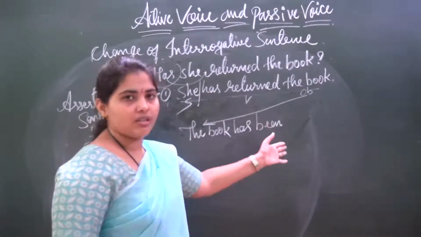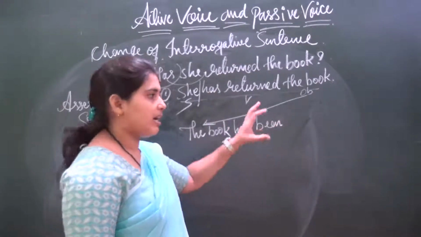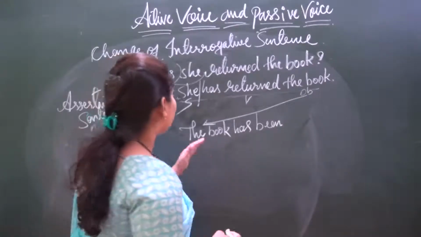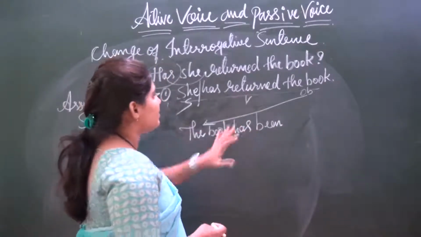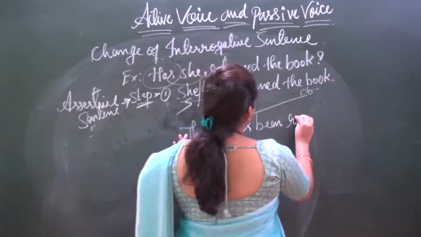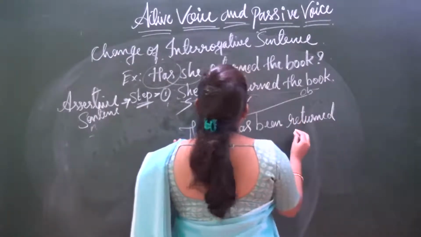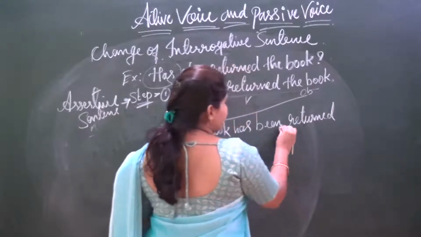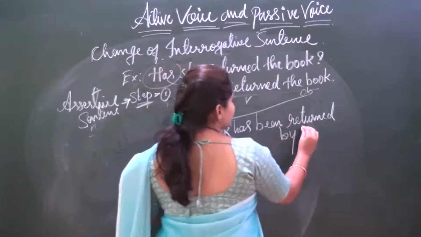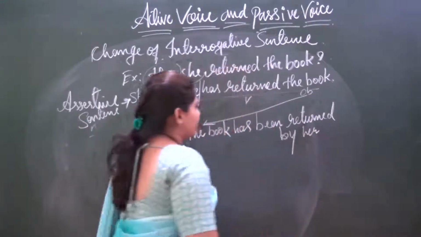Yesterday, what I taught, just have a glance at it and make the change. Okay, the book has been, as it is, returned by, use the preposition by, she becomes her.